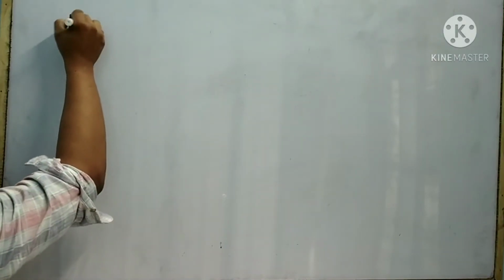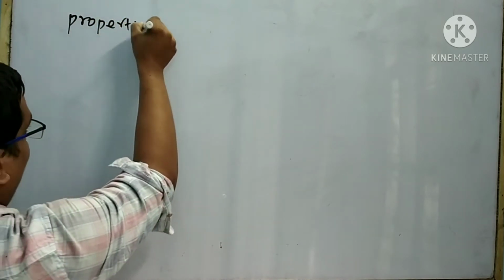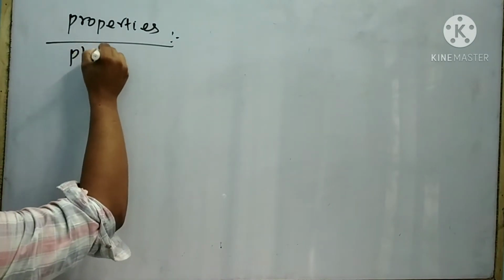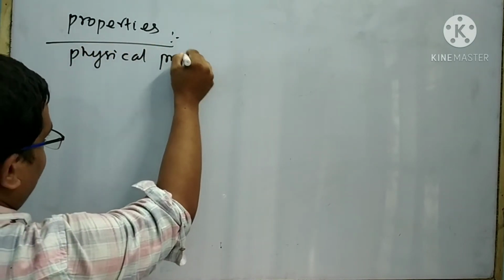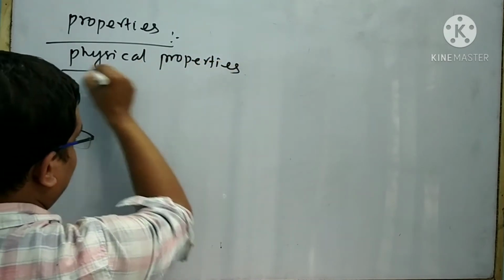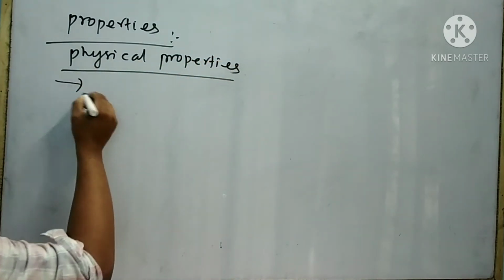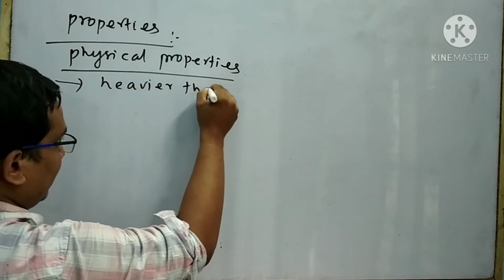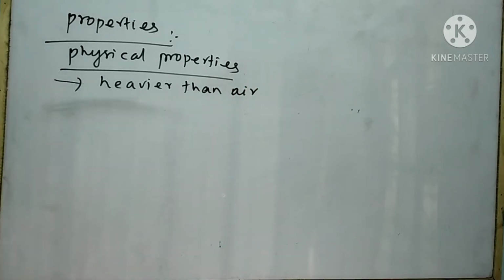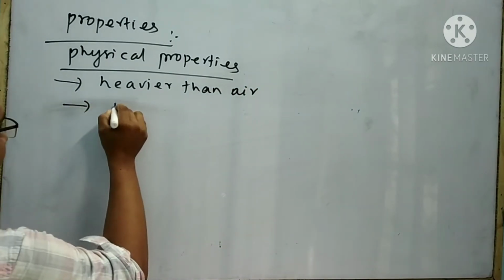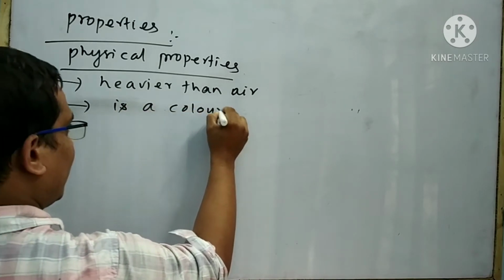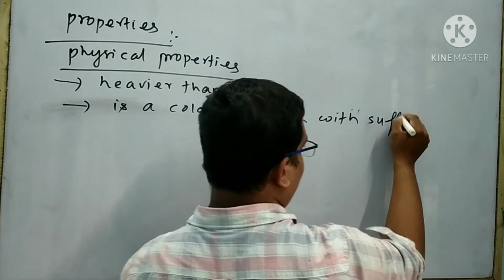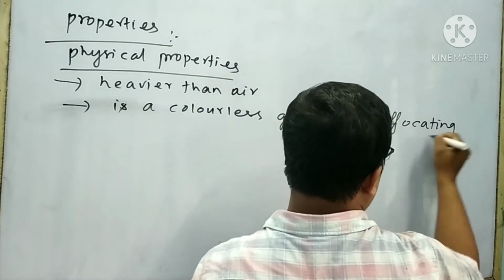Next I will discuss the properties of sulfur dioxide. At first I will discuss the physical properties. First point is sulfur dioxide is heavier than air. Second point is sulfur dioxide is a colorless gas with a suffocating smell.